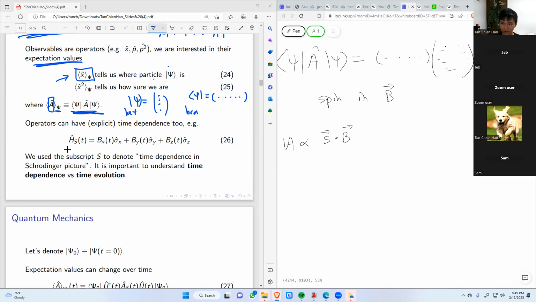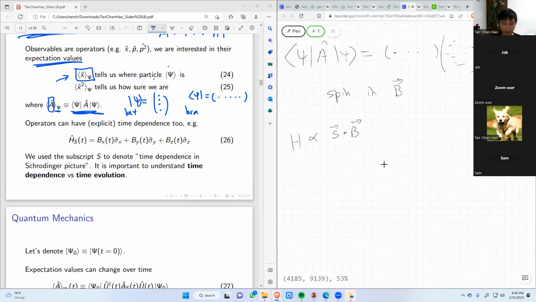The spin wants to align to the magnetic field, so the energy is proportional to that. Because the magnetic field is something we can change experimentally in time, for example a rotating magnetic field to cause things like Rabi oscillations, our Hamiltonian operator could in general be a function of time.